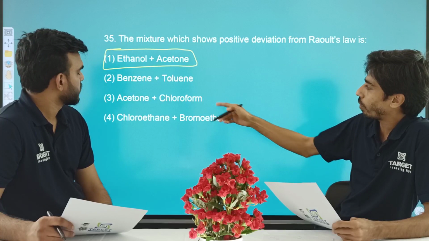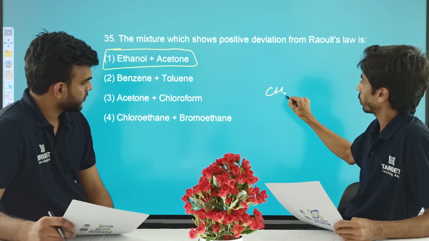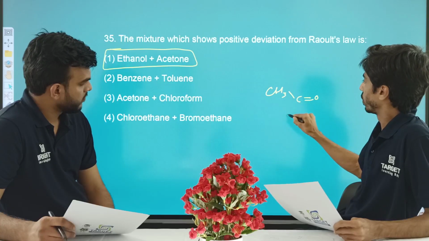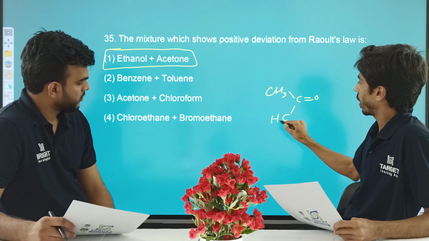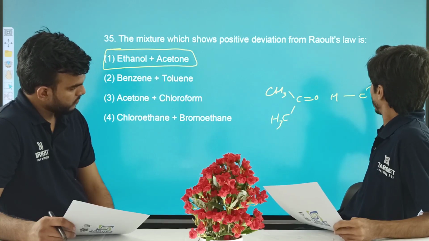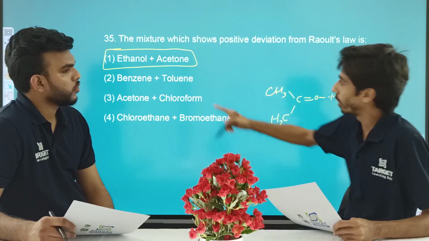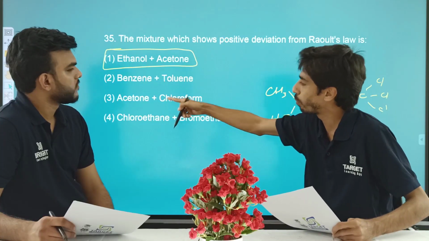Then acetone and chloroform. Acetone means CH3COCH3, that is CH3, C double bond O, CH3. And we are taking chloroform, CHCl3. So definitely a hydrogen bond will be created. Here the hydrogen bond is destroyed and here the hydrogen bond is created.